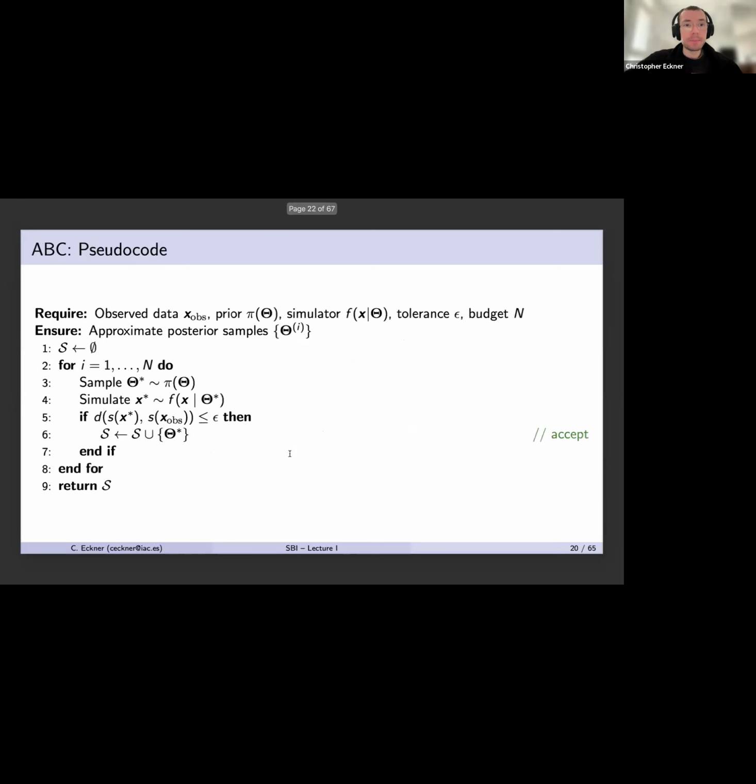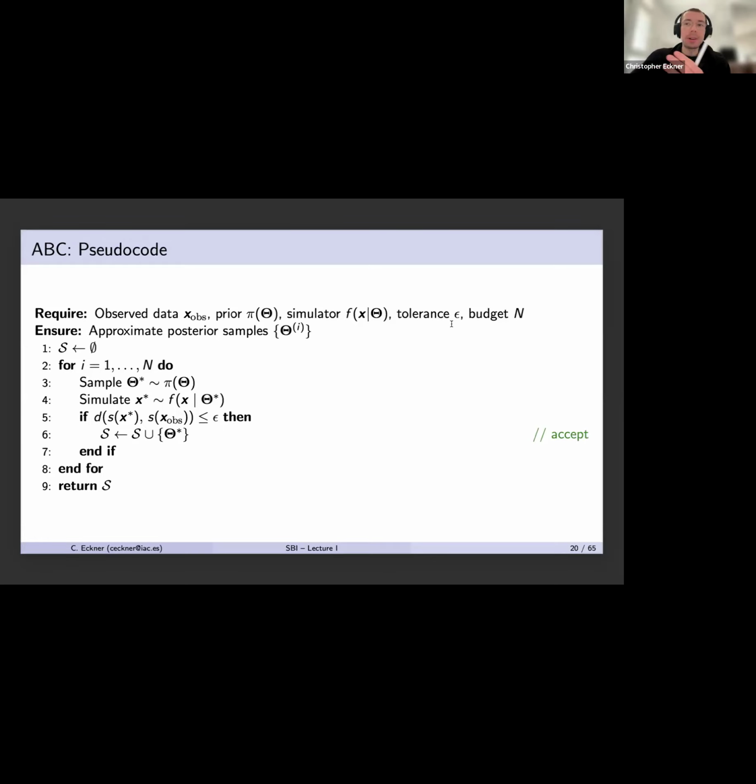And well, just as a certain computer science, easy to imagine, code-like structure: how you do this is, you have your target observation. You have a prior of your parameter, and you have the simulator that can produce observations from these parameters.